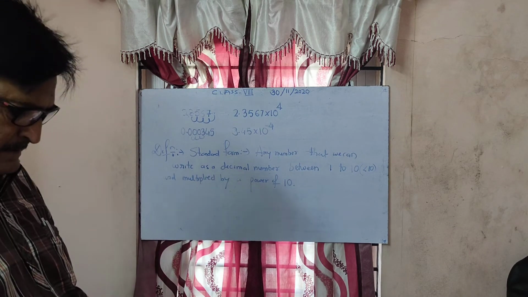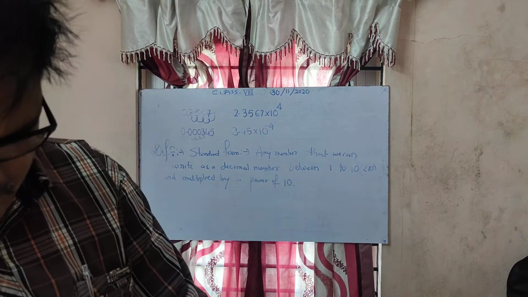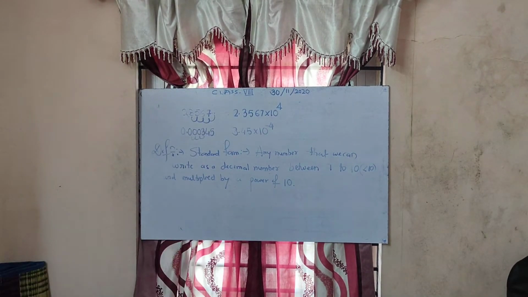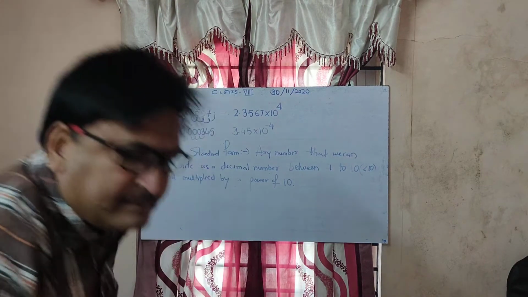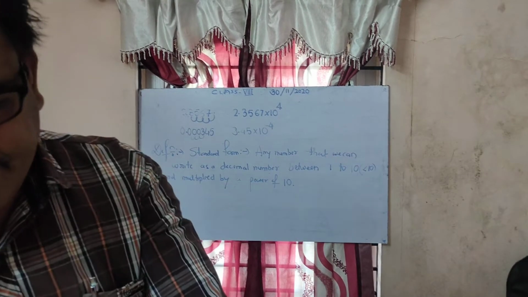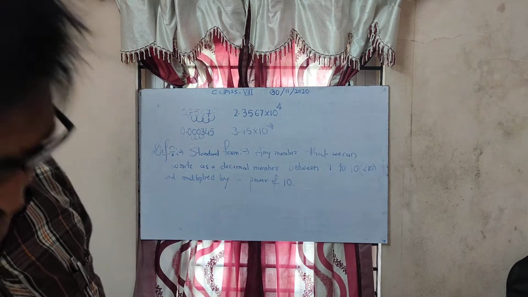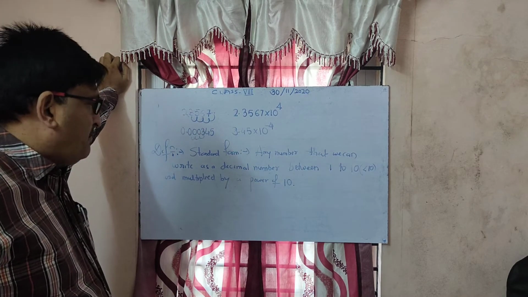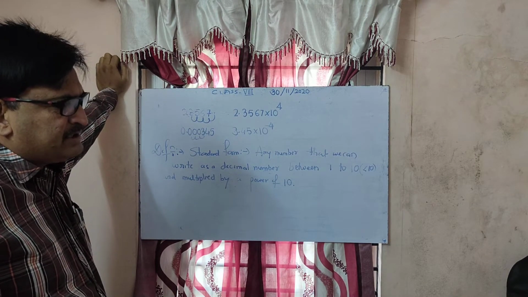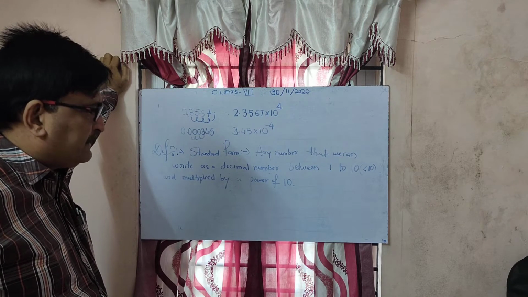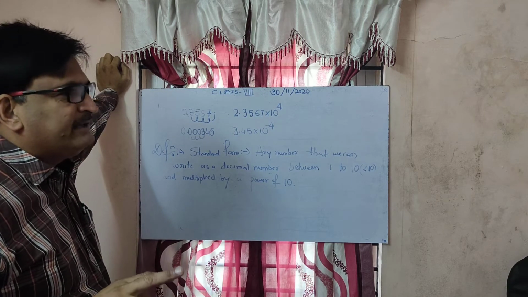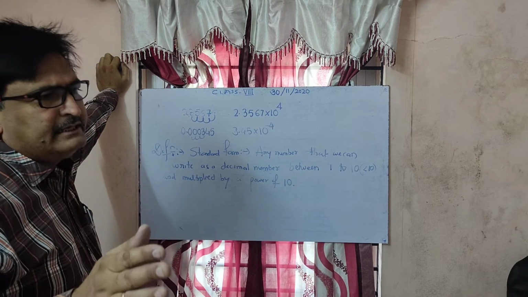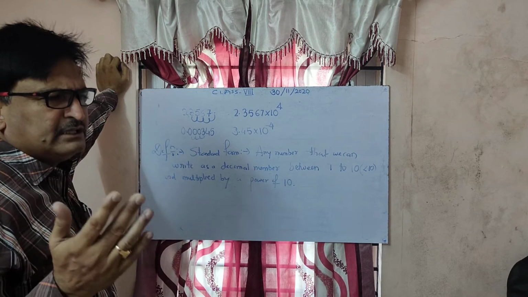Okay, now you understood what a standard form is and how to write it. What is the condition? The number should be between 1 and 10.